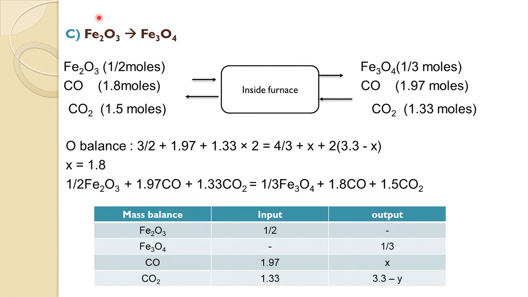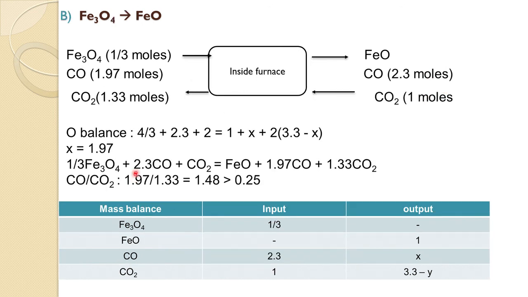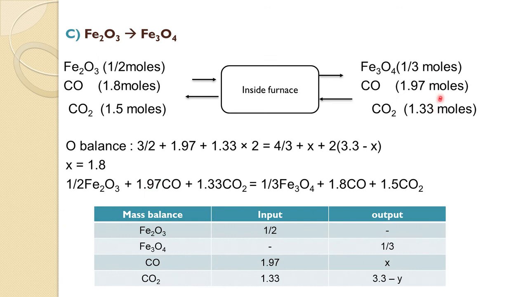So, Fe2O3 to Fe3O4, we got these moles from here. So that is the input, Fe2O3 to Fe3O4. Because it is a 2 mole basis, it is one half for the oxygen on a one mole basis. Same thing about here, and these values are coming from our previous calculation.